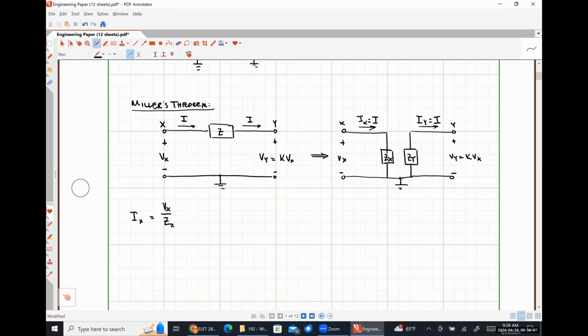Nothing more than Ohm's law there, nothing wild or crazy. We know this needs to be equal to the current I shown in our left-hand circuit. Well, what's the current I in our left-hand circuit? To me, that looks like Vx minus Vy over that floating impedance Z.